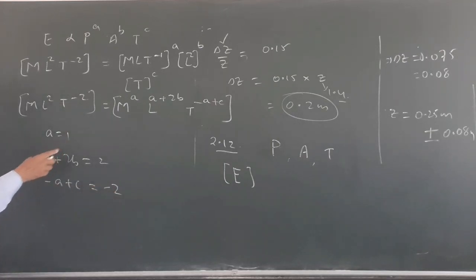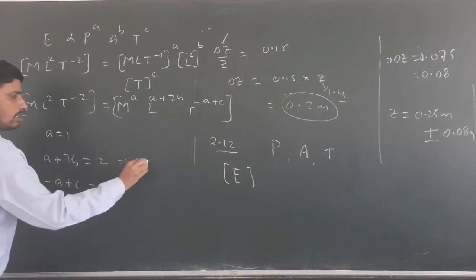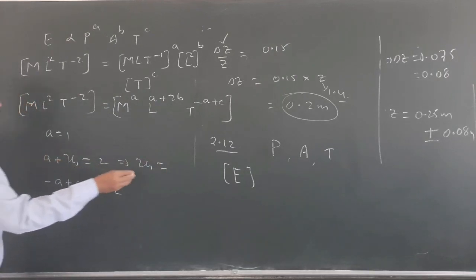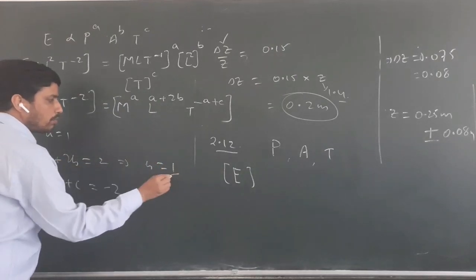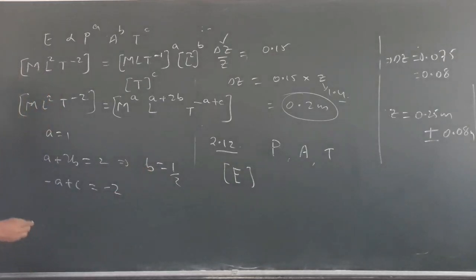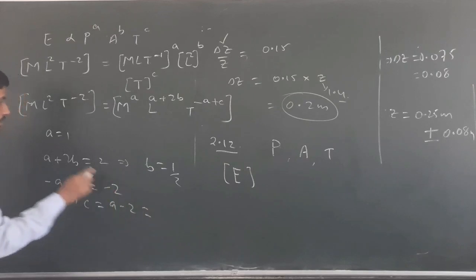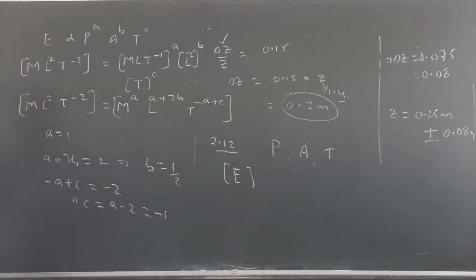Now if you put value of a as 1, so 2b will be 2 minus 1, that is 1, so b will be half. And from here we'll get c is equal to a minus 2. A minus 2 is 1 minus 2, that is minus 1.